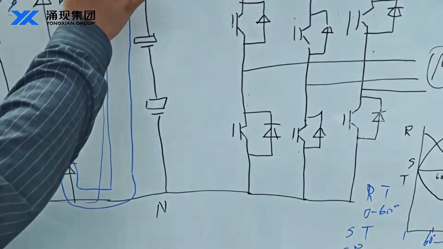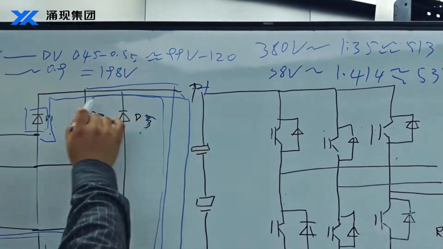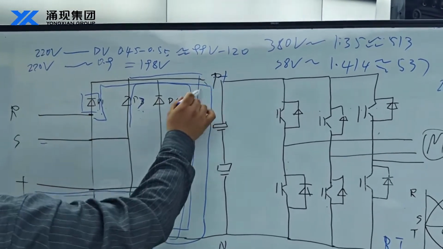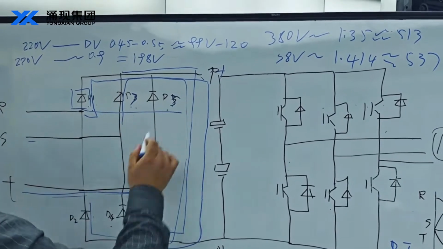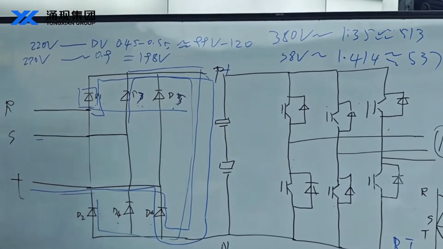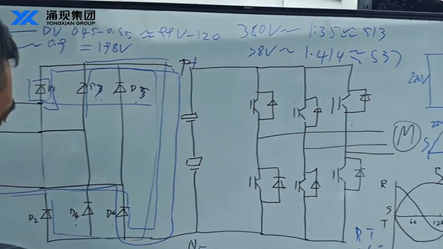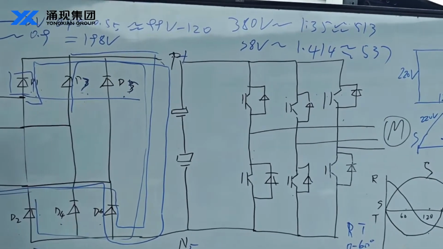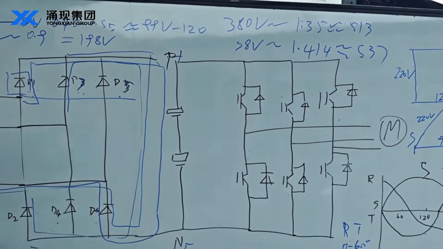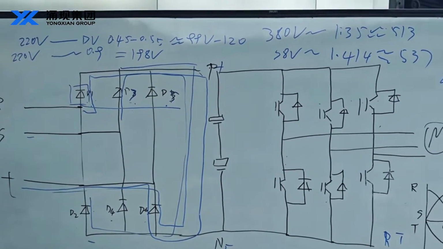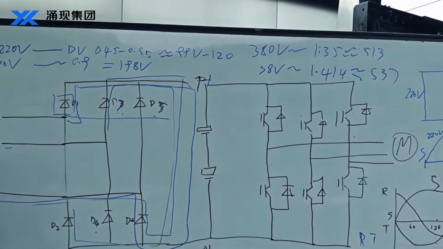P positive checks the upper diodes, and N negative checks the bottom diodes.